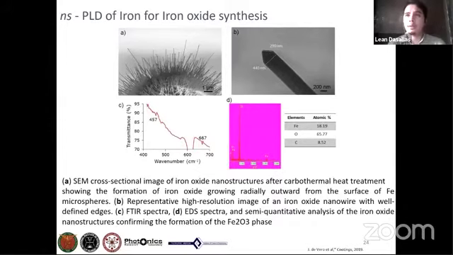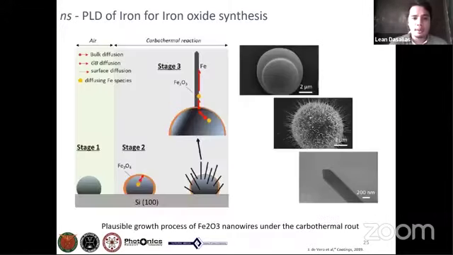The thermodynamics and the kinetics of the production of the iron oxide from the iron is quite interesting because we think that the presence of Fe3O4 as a metastable phase is needed in order for the iron oxide nanowire to grow.